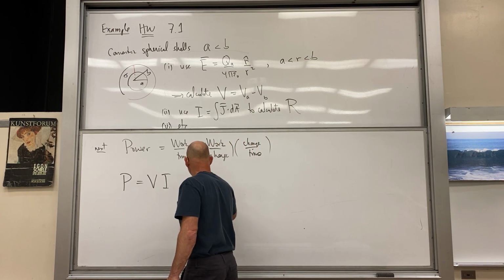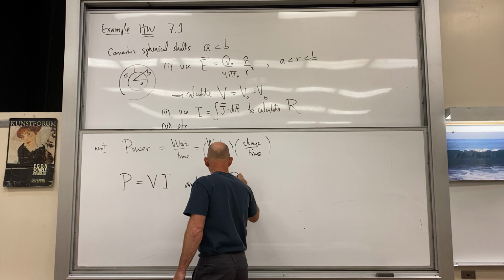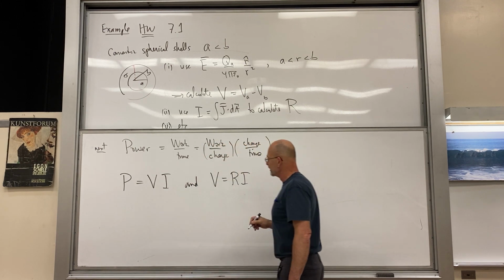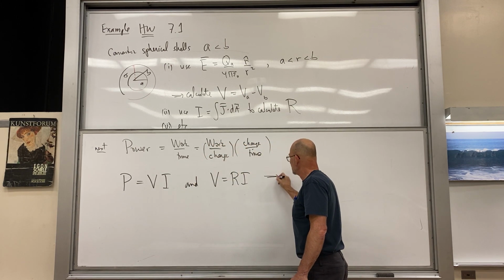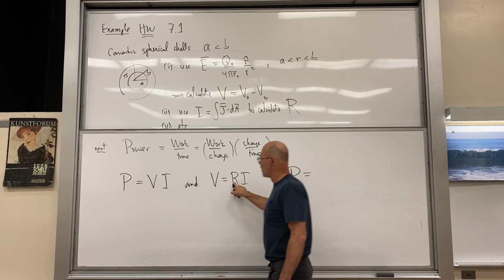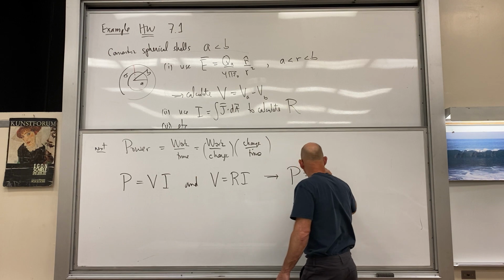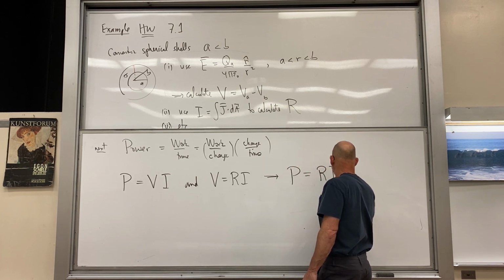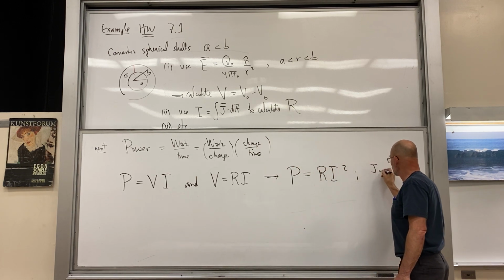And if we have V equals R I with Ohm's law, we get P is equal to R I squared. And that's joule heating.